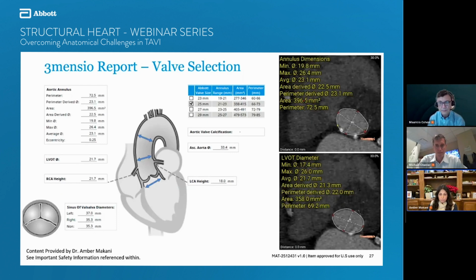And that's where I find the overlap and sizing of the Navitor valve to be advantageous. You can see that there is overlap, not just between the 23 and 25, but mostly the 25 and 27 ranges when you look at the perimeter overlap here. And it's things like LVOT size that really help guide you one way or the other. Those are important factors to take into account.